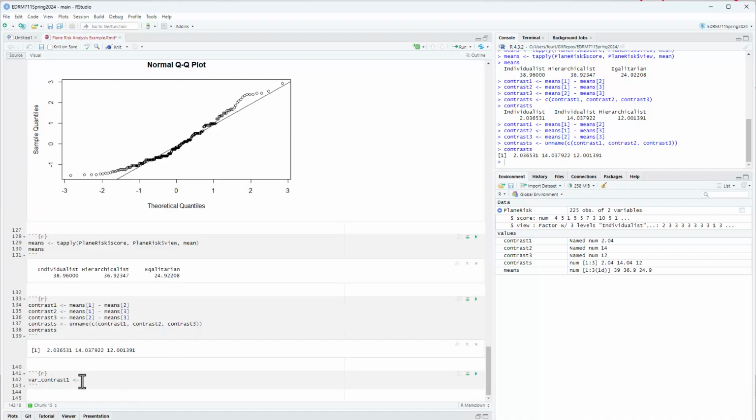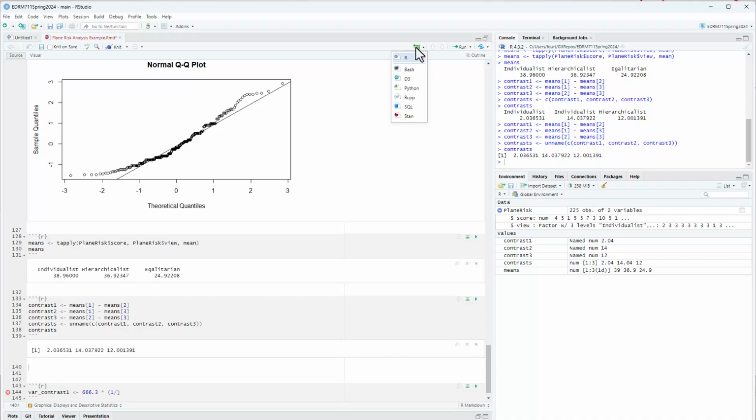So the variance of contrast 1 is 666.3 times, now I need 1, because that's our first contrast weight, and 1 squared is 1, 1 divided by the sample size here. I need that. I don't have the sample size.